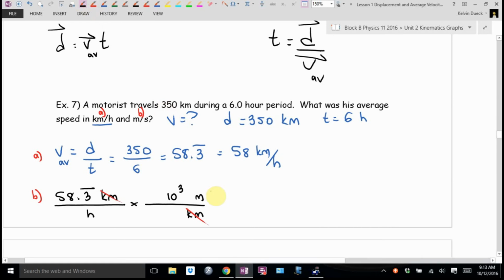Then I want to get rid of the hours. Where is the hours in the original fraction? So it's going to go in the conversion factor on the bottom, and I'm going to go straight to seconds because I know that 1 hour is 3600.